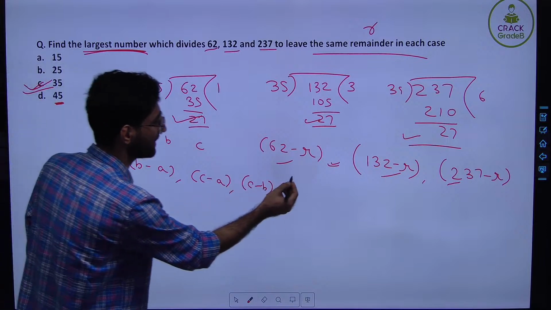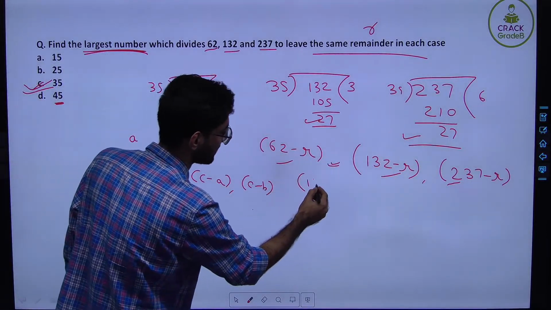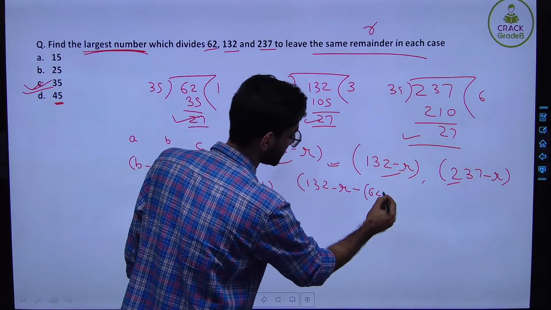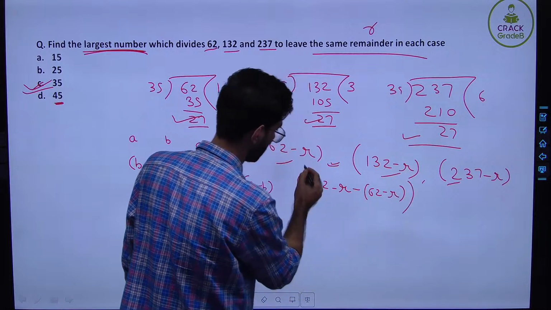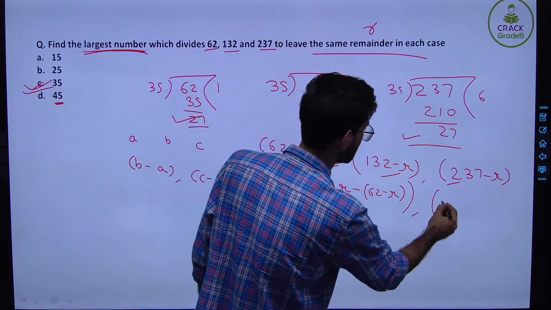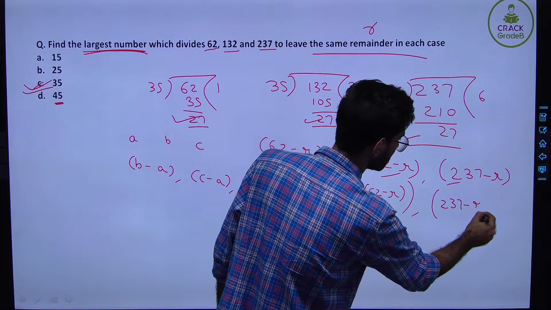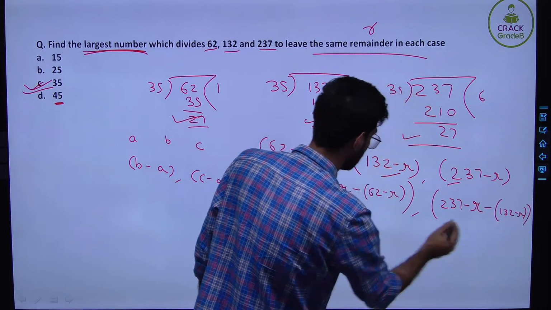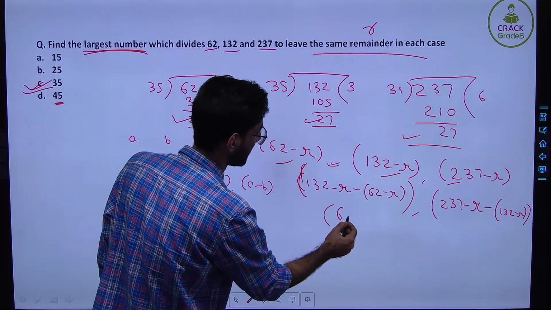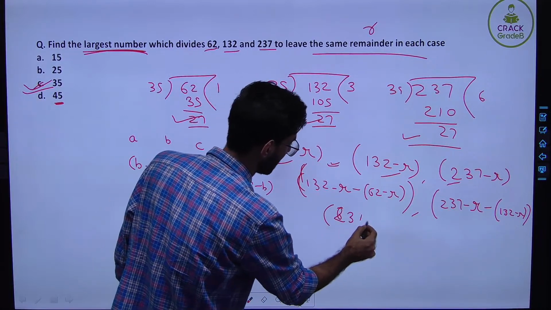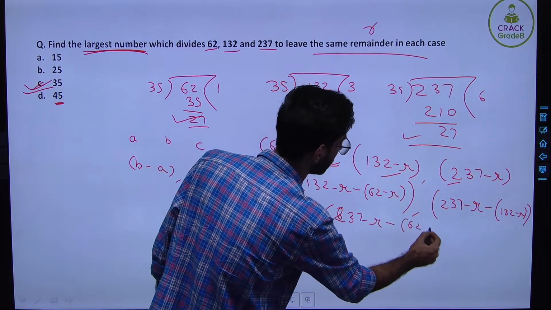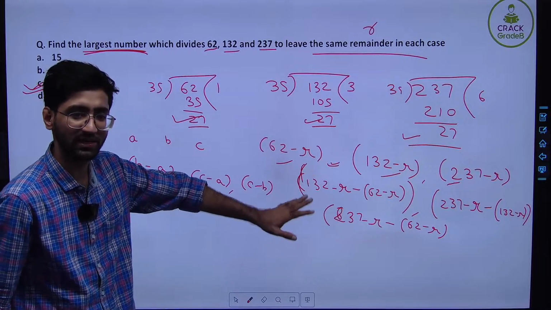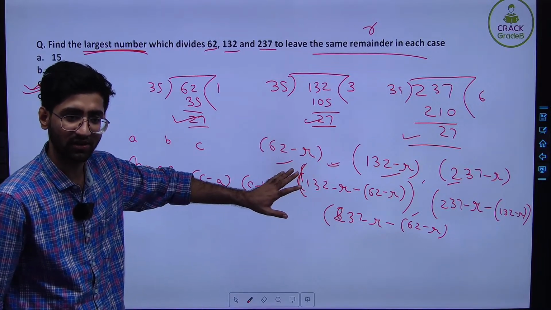So simply, what does it mean? That greatest number can divide 132 minus r minus 62 minus r. That greatest number can divide 237 minus r minus 132 minus r. I will give you a few examples in tomorrow's lecture on how we can apply that property, but don't get confused a lot, right?